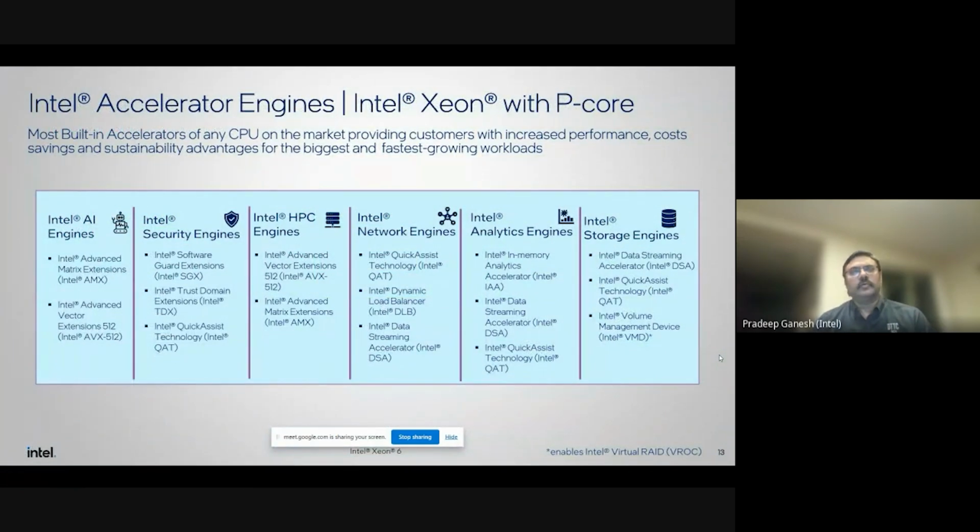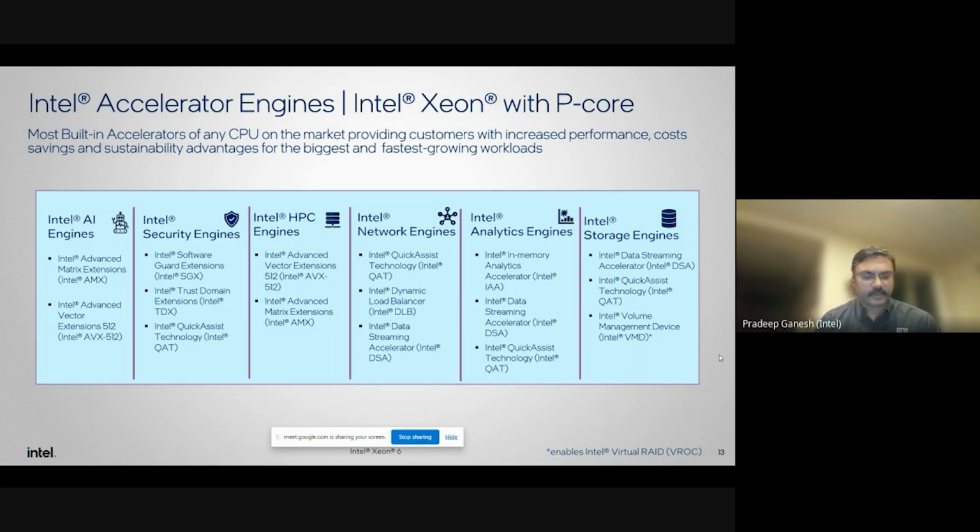Finally, I come to another very key differentiation in Intel Xeons, which is the accelerator engines. Intel provides, we talked about the AVX and the AMX accelerators. Now I want to talk a little bit about the Intel QuickAssist technology, which provides not only cryptographic acceleration.